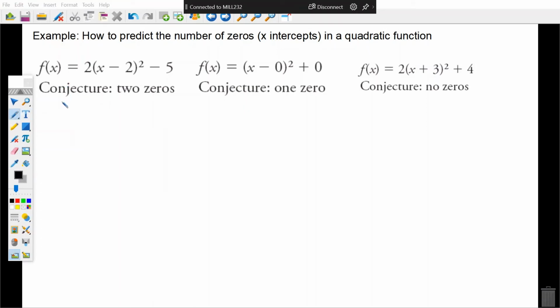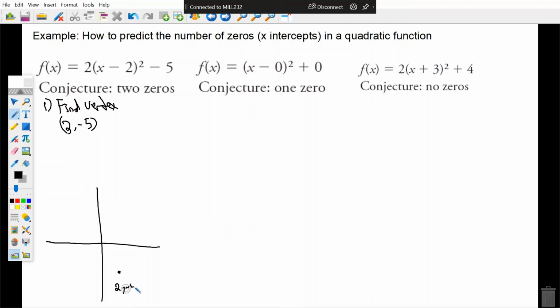The first one says f of x equals 2 times x minus 2 squared minus 5. So find the vertex, which is at 2 and negative 5. Then ask yourself, which direction does this open?